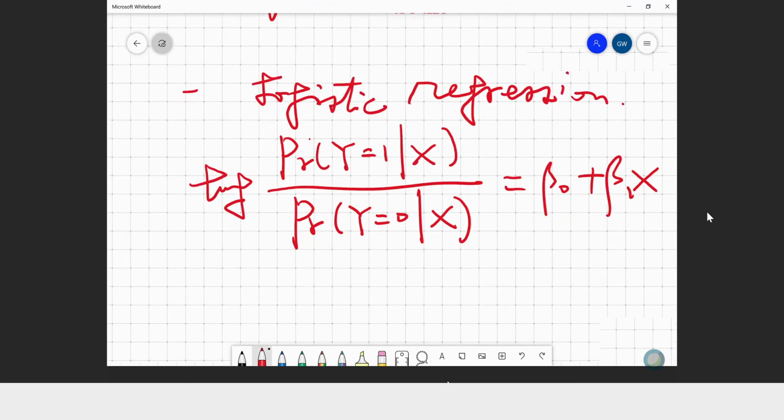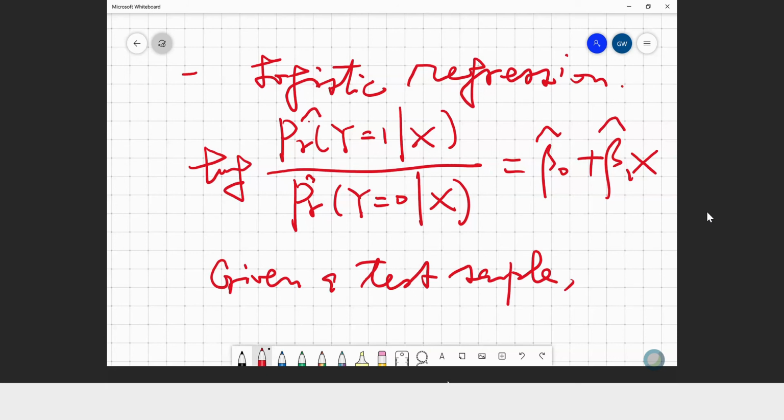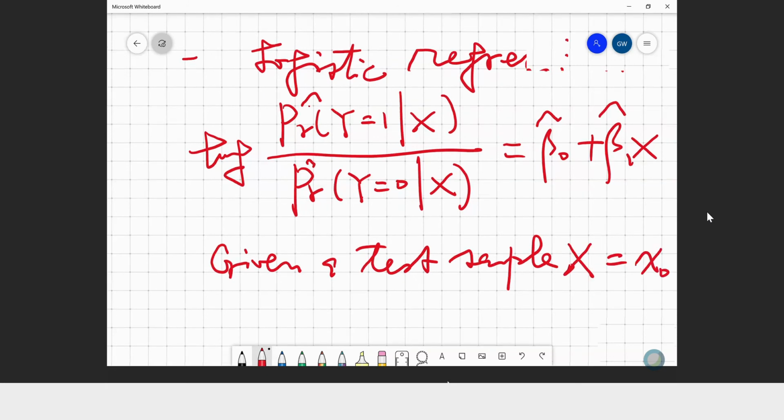After we get the estimates of beta 0 and beta 1, you get your fitted model. Given a test sample, how do you make the prediction? For example, given x equal to x0, how do we make the prediction?